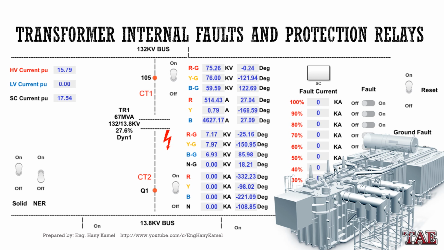Now we are going to talk about transformer internal faults, meaning inside the tank, inside the winding. So we'll start with turn to turn fault and turn to ground fault in the low voltage side and high voltage side.